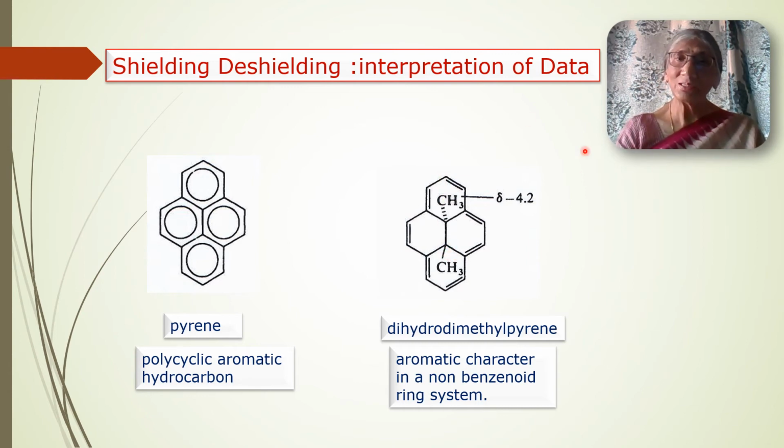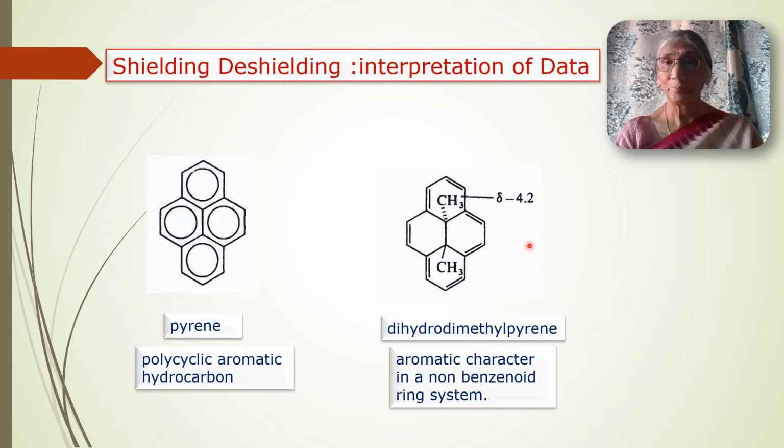Now, when the NMR spectrum of dihydrodimethylpyrene is taken, in this NMR spectrum the signal from the methyl protons is seen at delta minus 4.2. Delta minus 4.2 means the signal is seen above TMS. That is, the resonance frequency of methyl protons here is lower than the precessional frequency of tetramethylsilane protons.